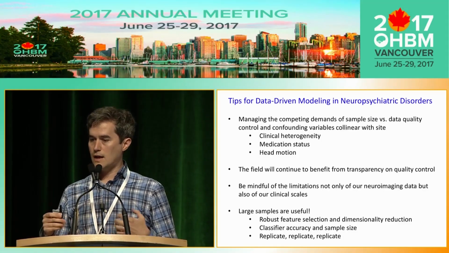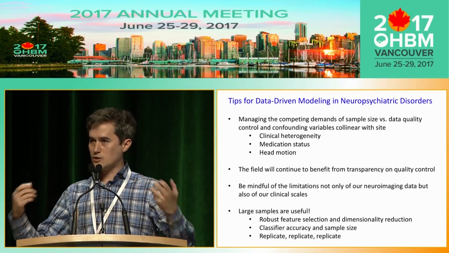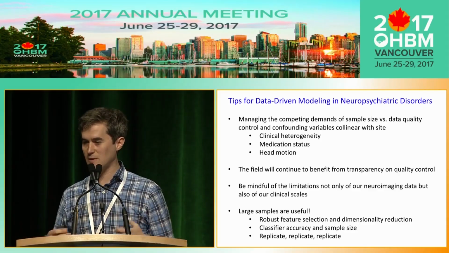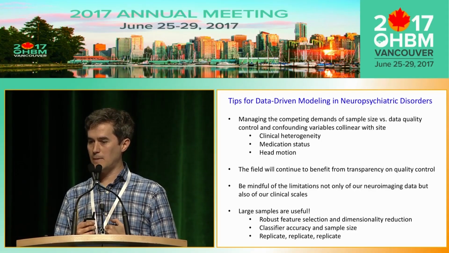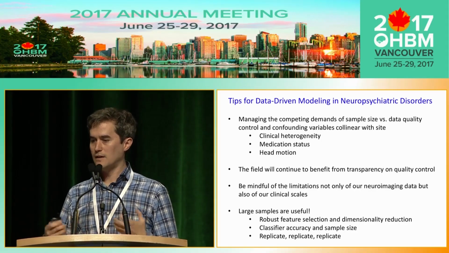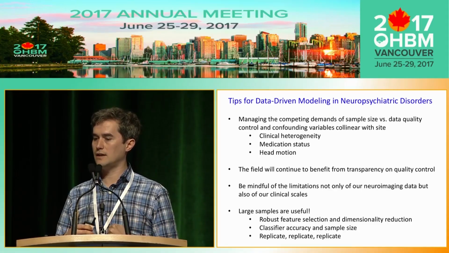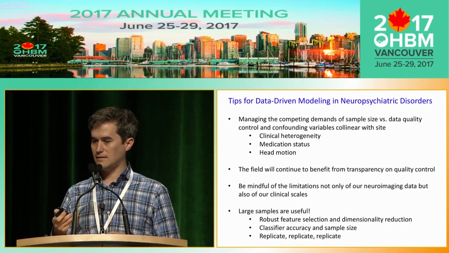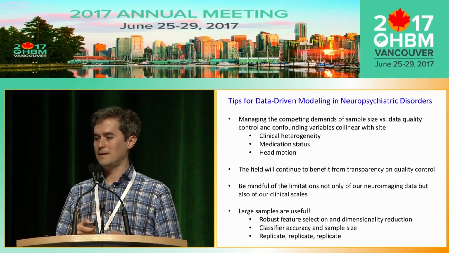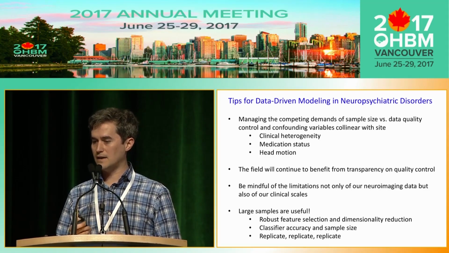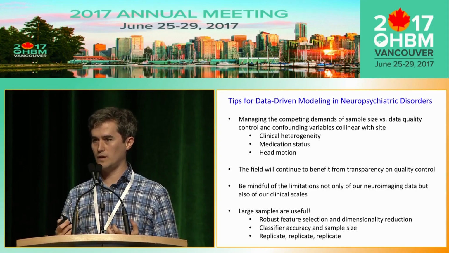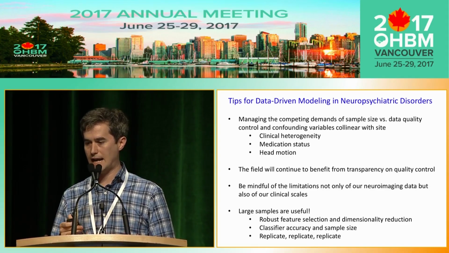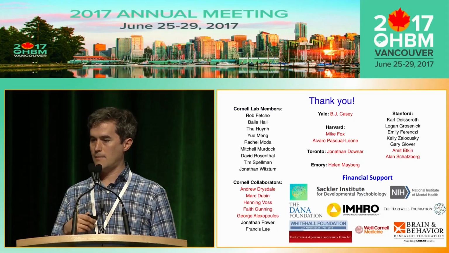Also be as transparent as possible, reporting as much as you can on how you go about implementing these methods, and be mindful of the limitations not just of our neuroimaging data, but also of our clinical scales. And lastly, large samples are useful. We can do a lot with bigger data sets than we can with very small ones. So just be mindful of the limitations of the data that you have at hand and how best to use them. And with that, I'll stop.